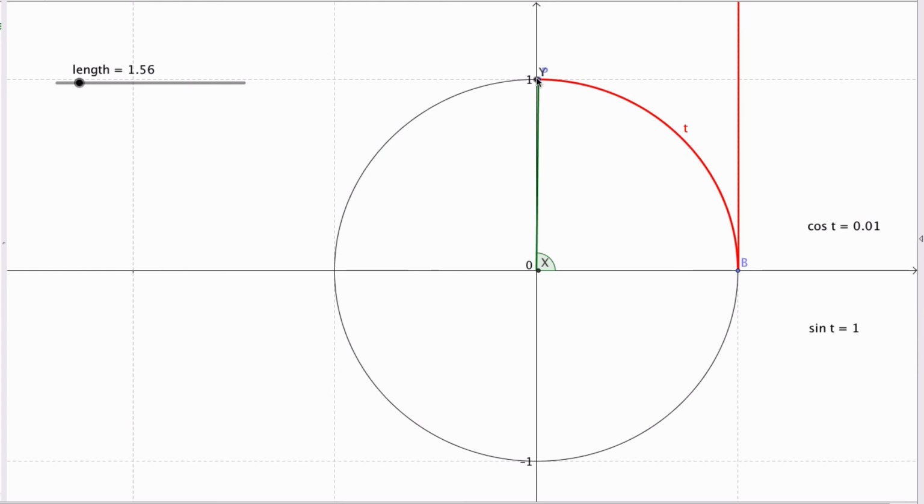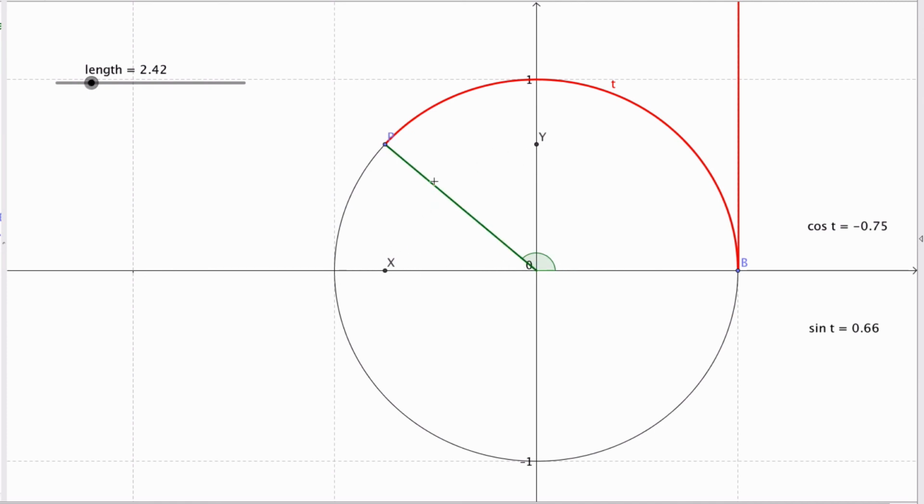If I take t now into the second quadrant, okay, here we are around in the second quadrant now, the second quarter of the circle between pi by 2 and pi. Here's pi by 2, here's pi. Any angle in here, any t in here, will have a cosine, an x-coordinate, that is negative.